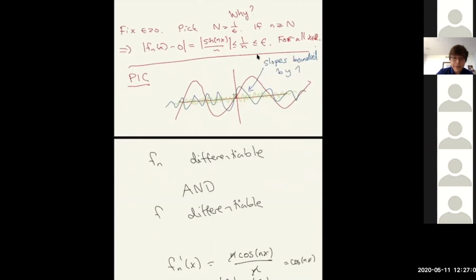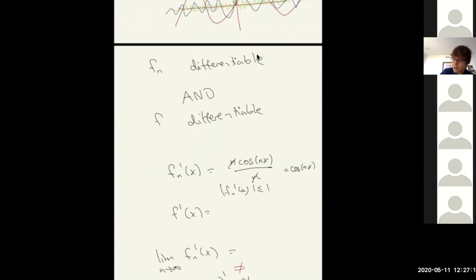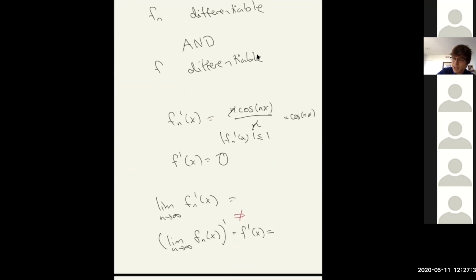But the derivatives don't behave as nicely. So you have these derivatives that oscillate. Now they don't have diminishing amplitude, but they have increasing frequency. But the limit function is also differentiable with derivative equal to 0. So this time you don't lose the derivative in the limit. Everything is differentiable, but the limits just don't behave nicely.